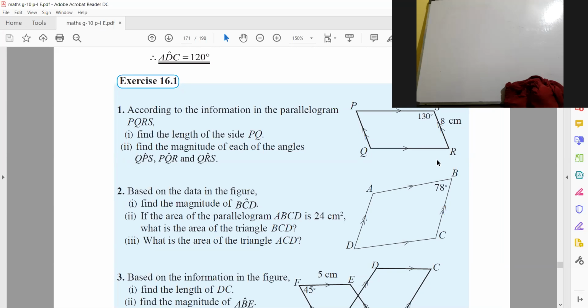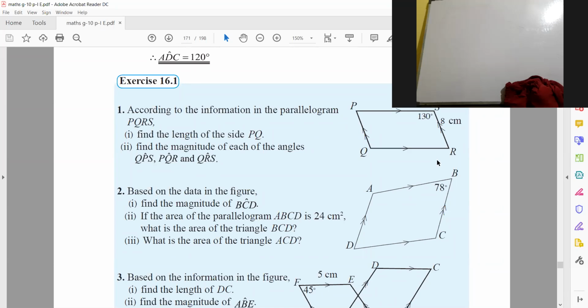Now, if we consider this part, what can you see? You can see a pair of allied angles, right? This angle SRQ and PSR are allied angles. Now, if I write it, PSR and SRQ are allied angles.